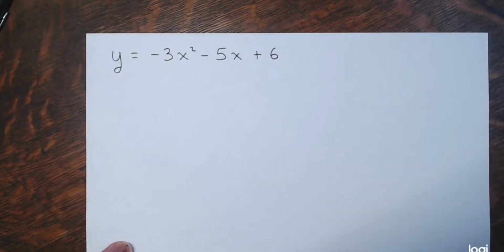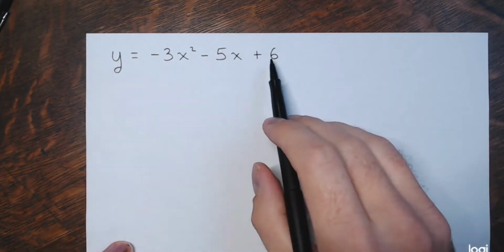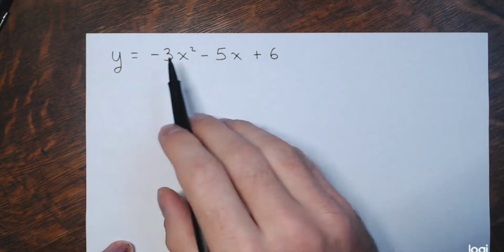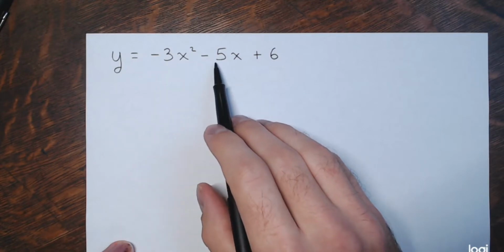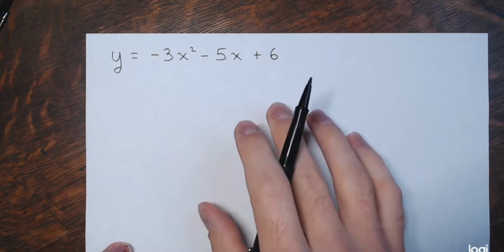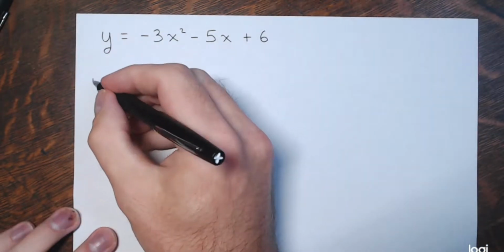All right, so here's the quadratic function we're given. It's in the form I like, y equals ax squared plus bx plus c, where a is negative 3, b is negative 5, and c is positive 6. Now, before I get into the intercepts, here's how we're going to graph y equals ax squared plus bx plus c.